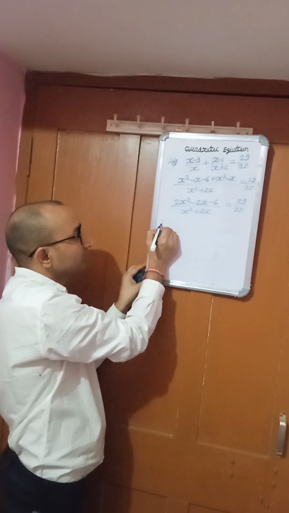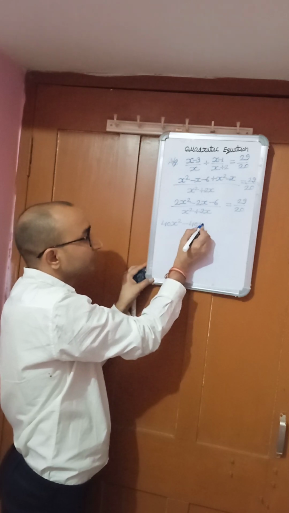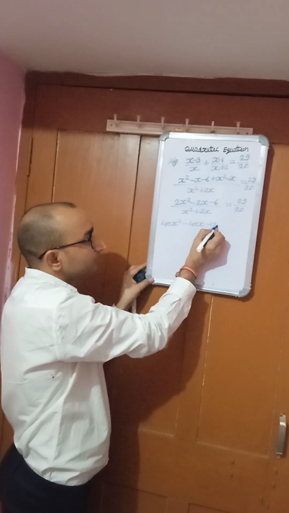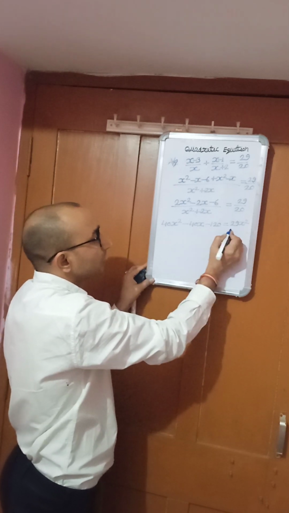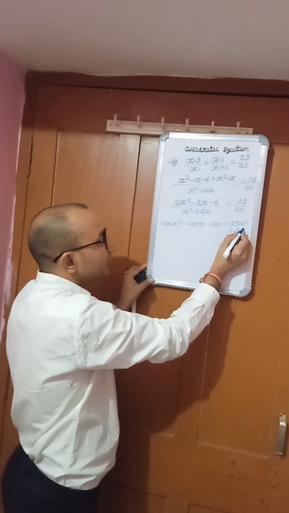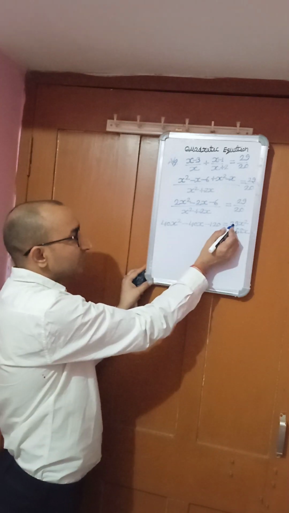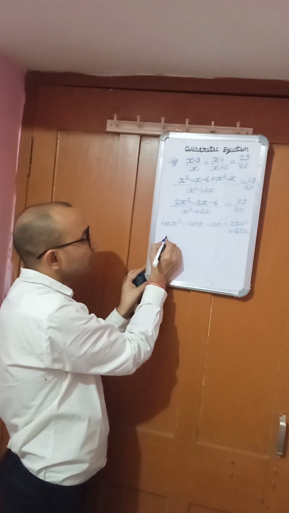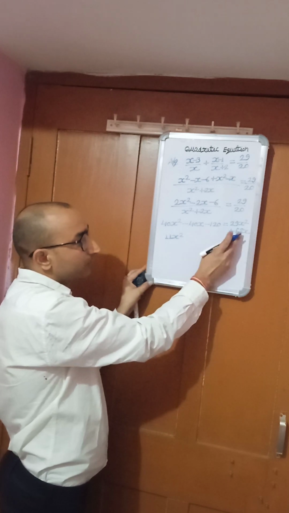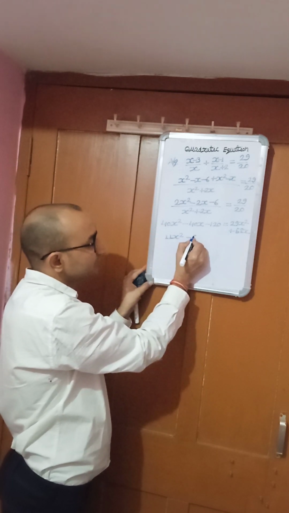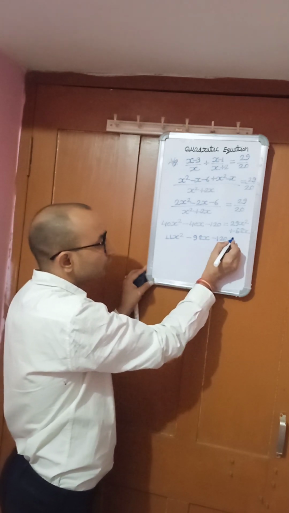Cross multiplying, 40x square minus 40x minus 120 equals 29x square plus 58x. So 40x square minus 29x square becomes 11x square, and minus 40x minus 58x is minus 98x, minus 120 equals 0.